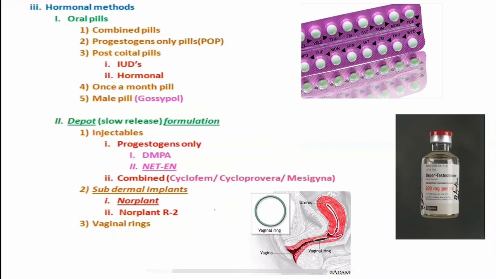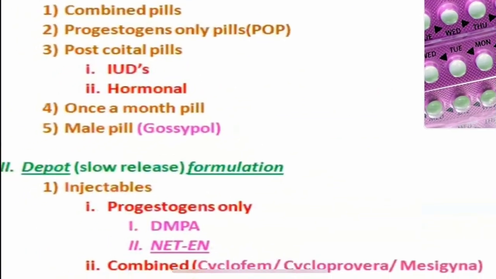Because it has 100% effectiveness in preventing pregnancies, we'll deal with each of the pills, the injectables, and the subdermal or subcutaneous implants like Norplant and Norplant R2 in detail in the next video. For now, always remember that it is a very important spacing method having 100% effectiveness, and the full forms will be dealt with later on.